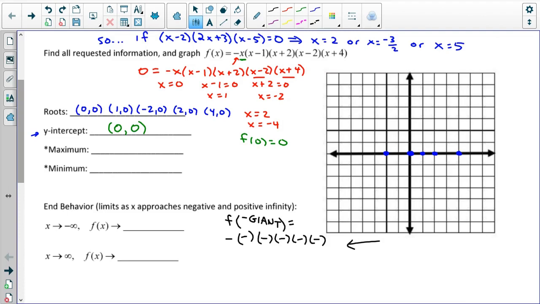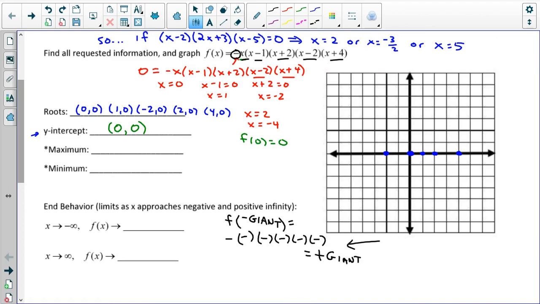So notice I have a negative sign and then 5 more negative giant numbers. If I multiply all those things together, I'm going to end up with 6 negatives all multiplied together, which ends up equaling a positive giant number.